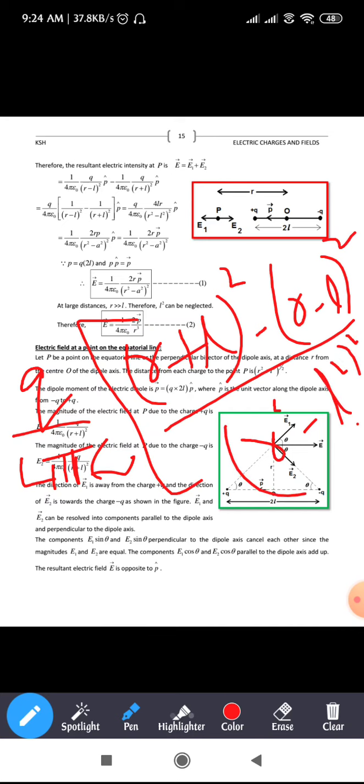When you multiply in the denominator, you have (r minus l) whole square and (r plus l) whole square. If you simplify that, you get (r square minus l square) whole square.